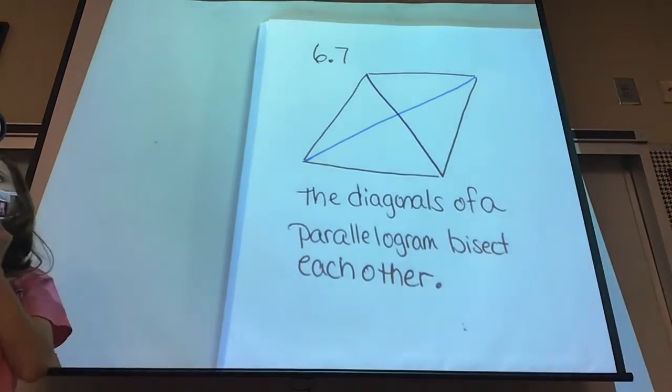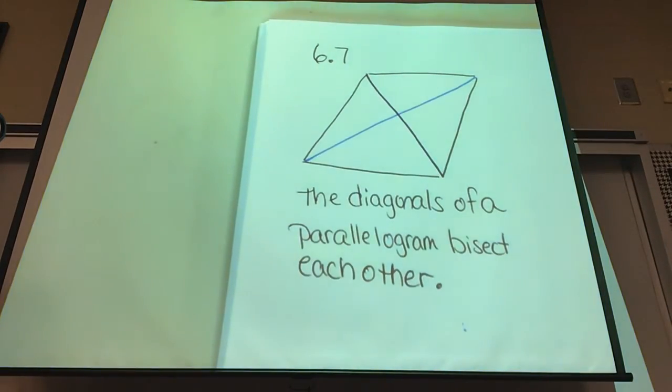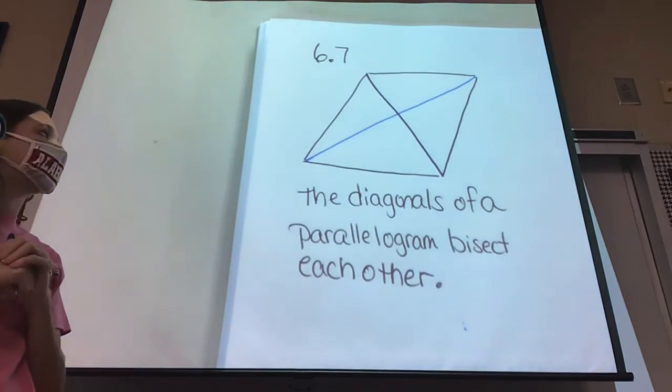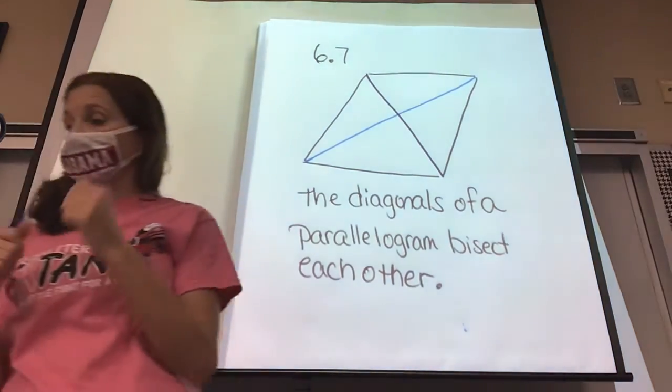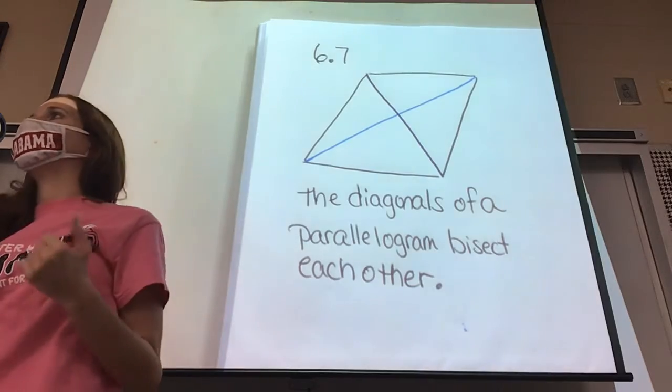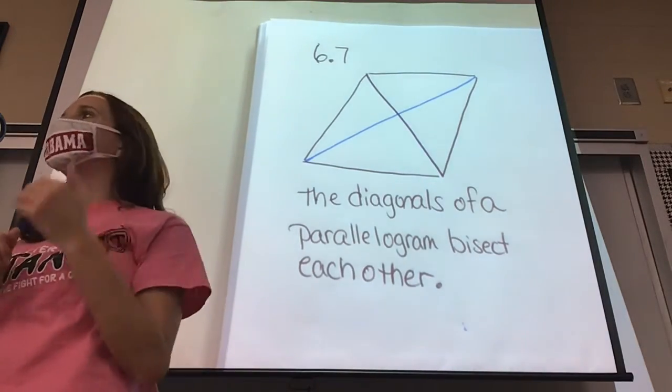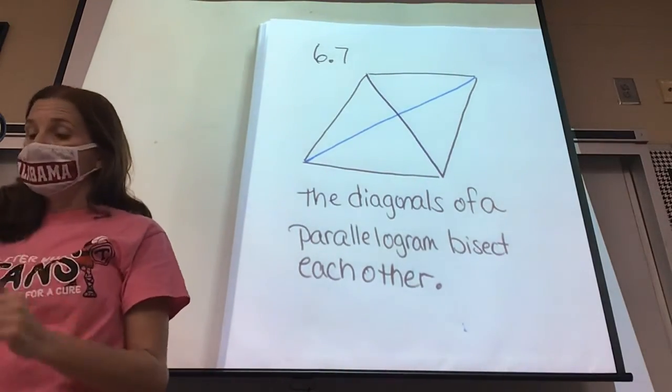Now, if all of these are drawn perfectly, it's going to cut each one of those lines in half. So every time it bisects, it should cut that blue line perfectly in half, if it's drawn exactly the way it's supposed to be, because bisect means it's going to be cut perfectly in half. Just like your angle bisector, remember, it cuts the angles perfectly in half.